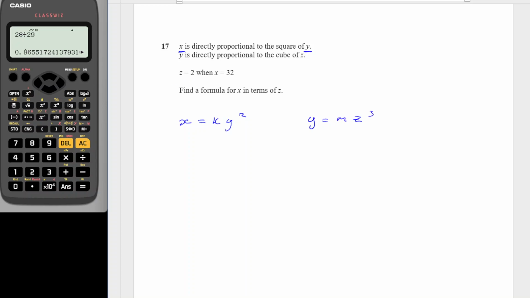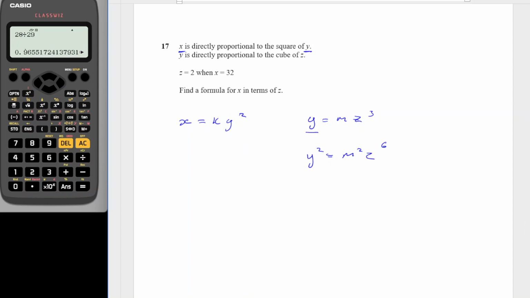z is equal to 2 when x is equal to 32. Find a formula for x in terms of z. So I'm going to look at combining those two formulas now. I need to combine these to make this slightly easier for myself. What I'm going to do is say that y squared is going to be equal to m squared z to the power 6.